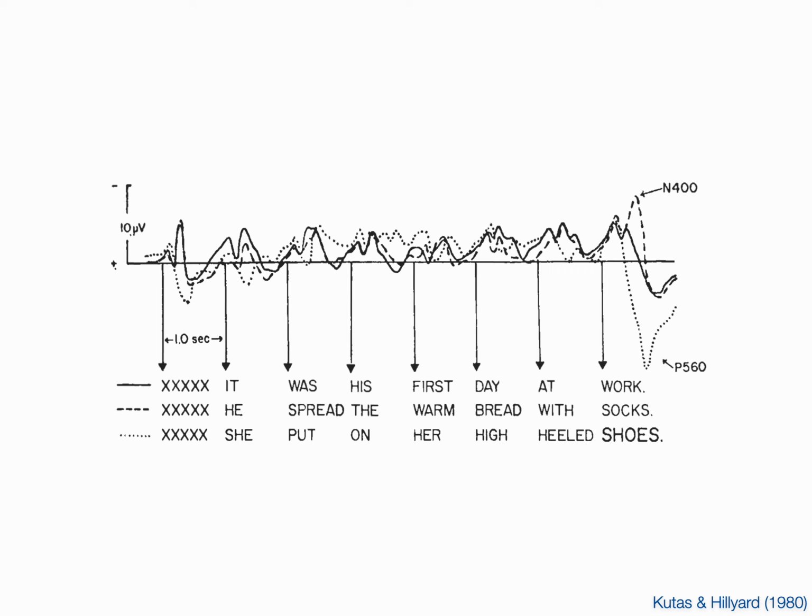The fact that this is a positive polarity effect is evidence that different networks of the brain process semantic and perceptual information. What is also interesting here is that it takes less than half a second for the brain to start processing the meaning of a word in context.